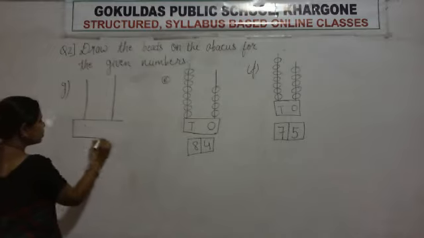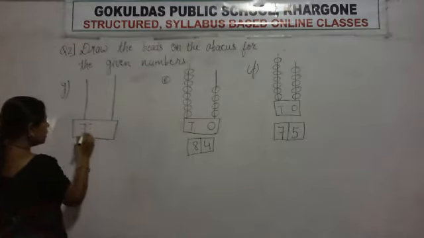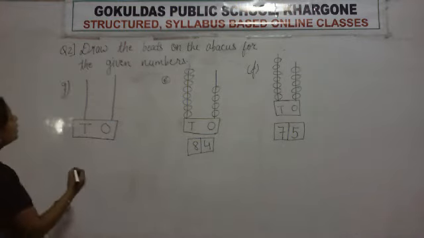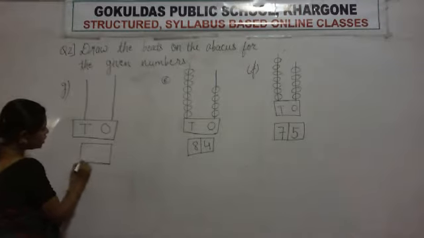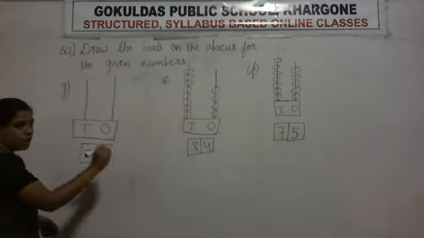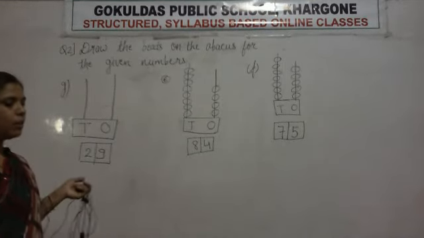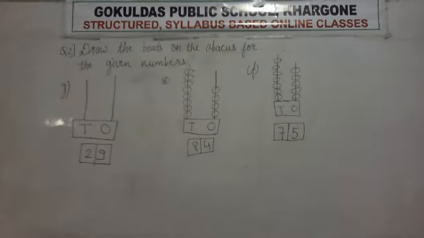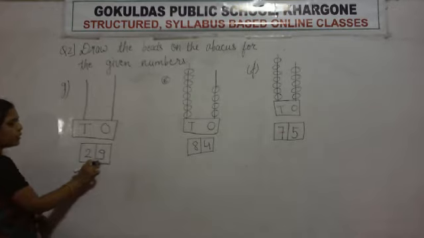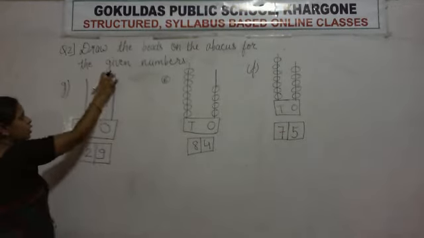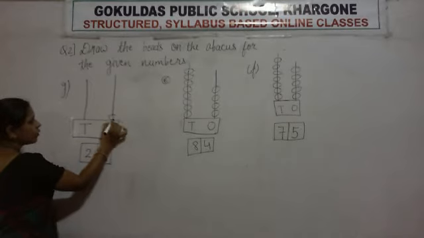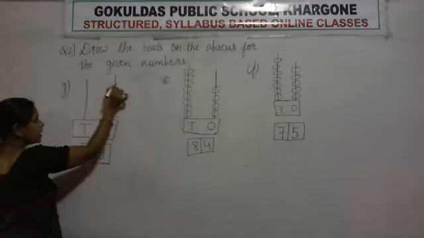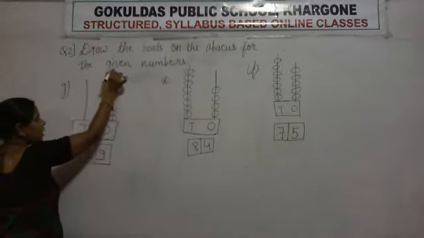Write its value, T and O. Now what is the number given here? 2929. So first we start from its ones place. What is the digit at ones place? 9. So how many beads do we have to draw? 9 beads. Draw 1, 2, 3, 4, 5, 6, 7, 8, 9.